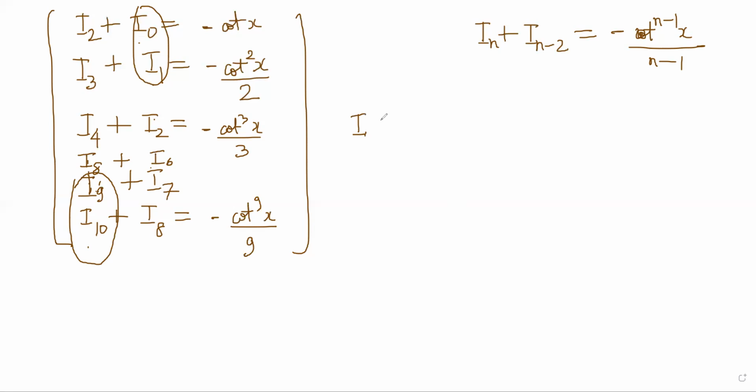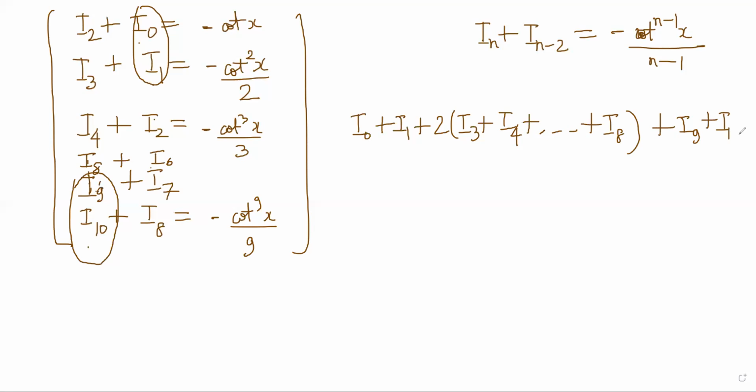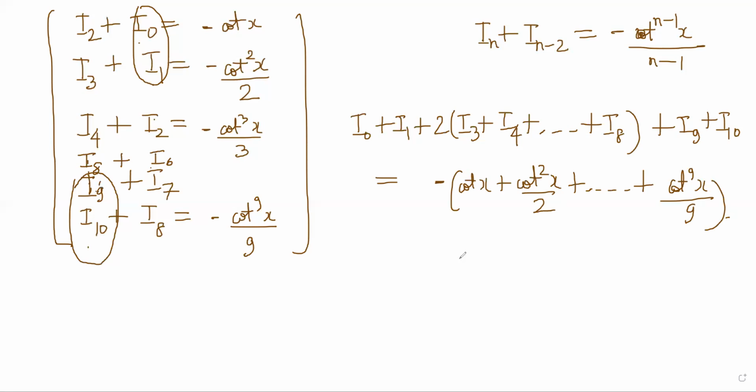So you get I0 plus I1 plus 2 times I2 plus I3 plus so on till I8, plus I9 plus I10, coming out to be the negative of cot x plus cot square x by 2, and so on till cot power 9 x by 9, right? This is your answer for this problem. And this is an application of the concept of reduction formulas, right?